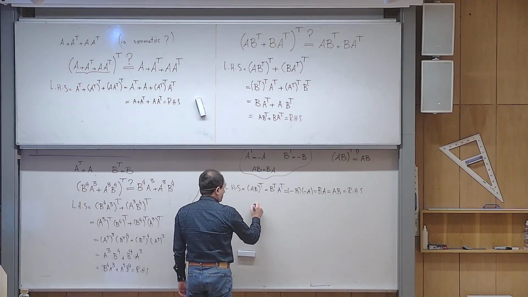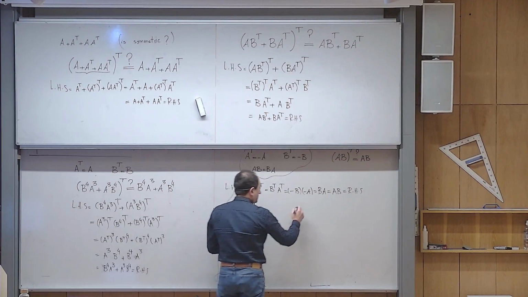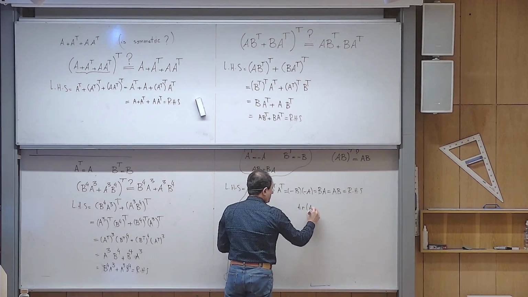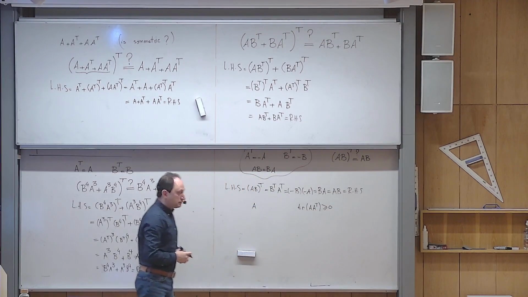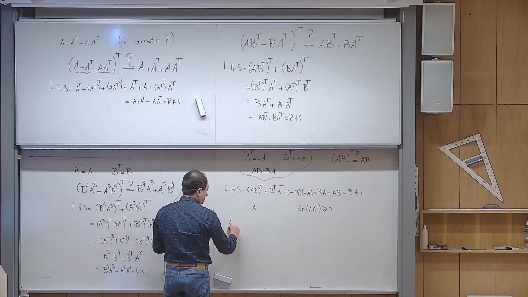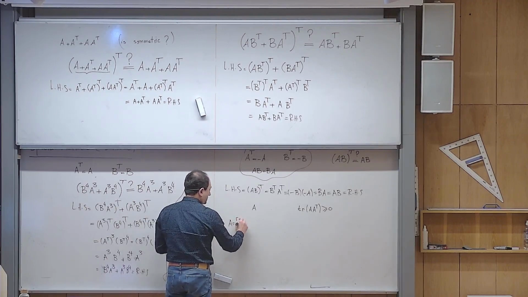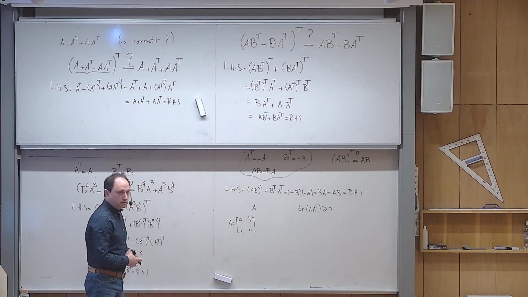So A is supposed to be any square matrix. I want to show that the trace of A A transpose is always non-negative. Let us, to understand the problem, start with the simplest possible case, an arbitrary 2 by 2 matrix.